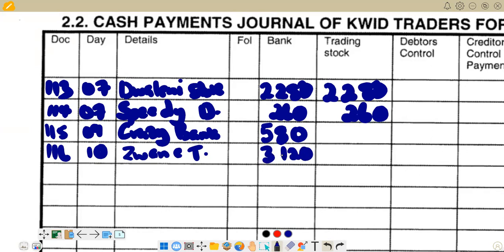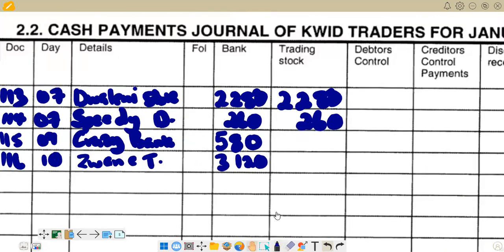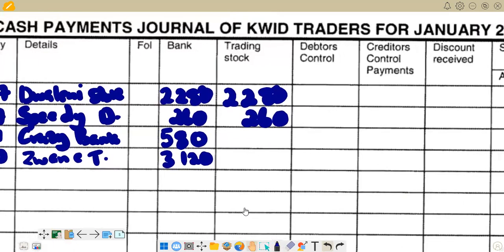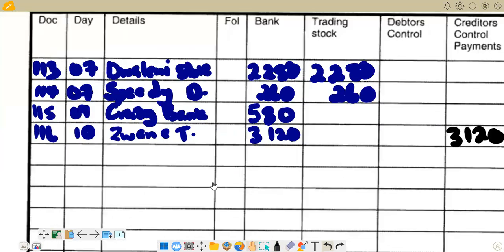And we said we are paying a creditor, so we go to the creditors control column and enter 3,120 there. And then we also have a column for discount received, which is here. And remember, the figure was 180 for discount received. So this is what we have in terms of this transaction. So we can move on to the next one that we are given.